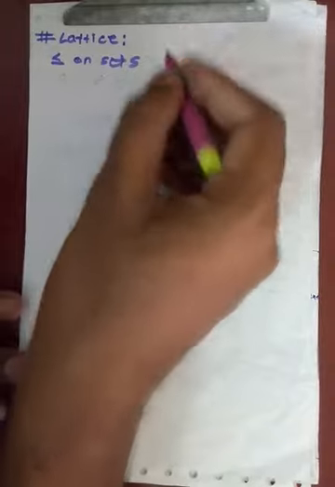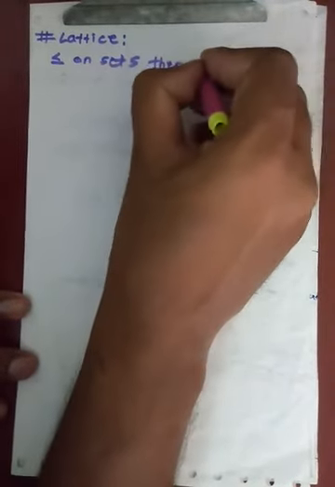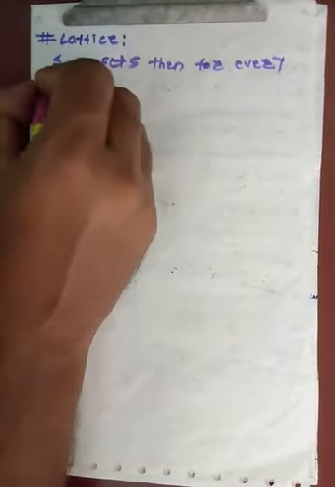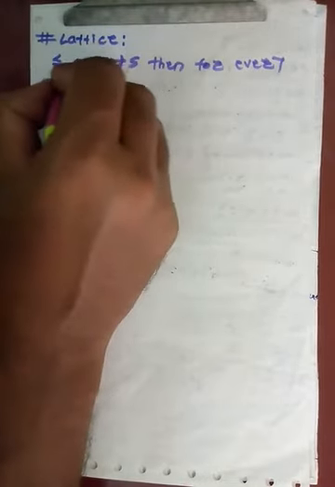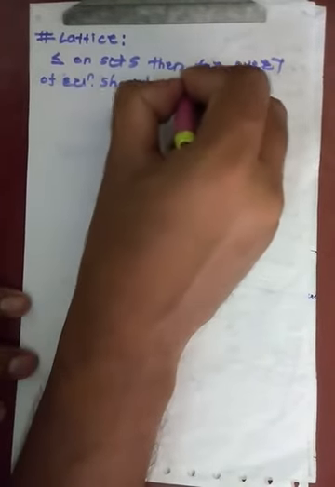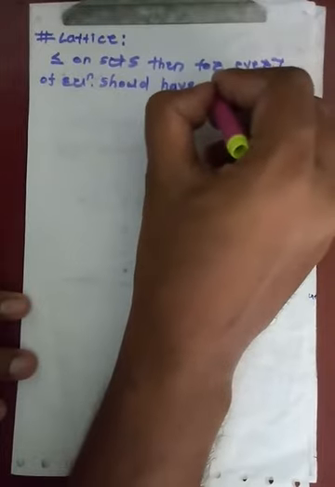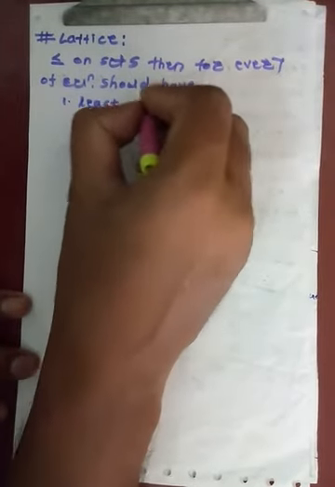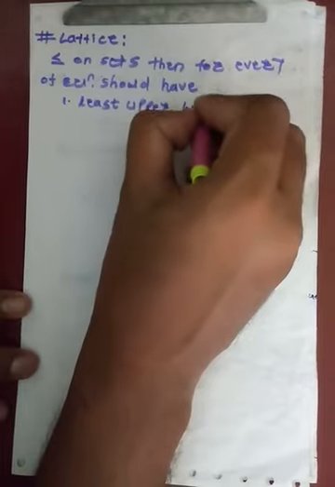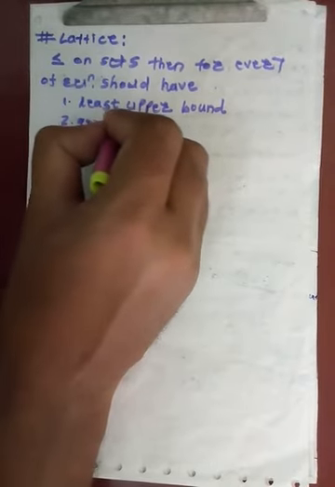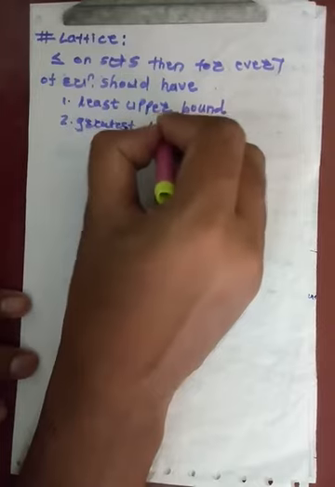Then for every pair of elements, the relation should have, first, a least upper bound, and second, a greatest lower bound.